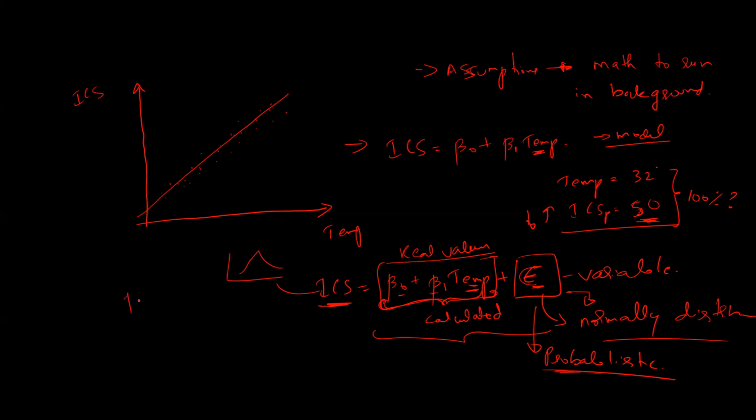So the up and down movement of my target variable is only because of this error, or the mood of the people. Clear? Yes, sir.